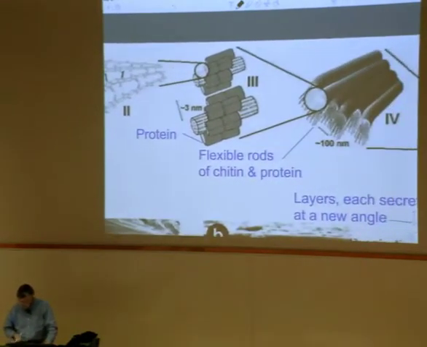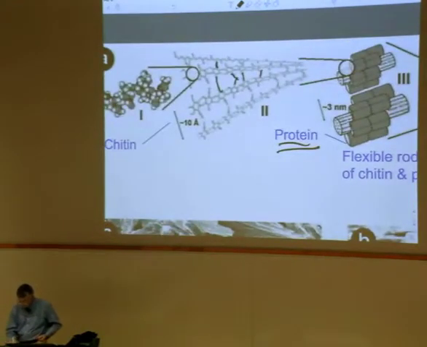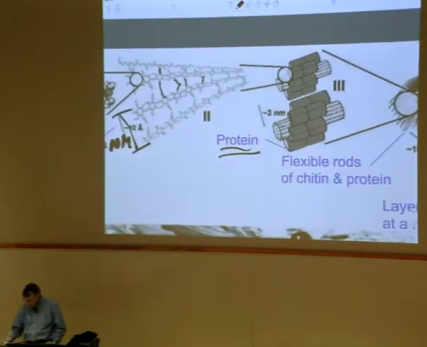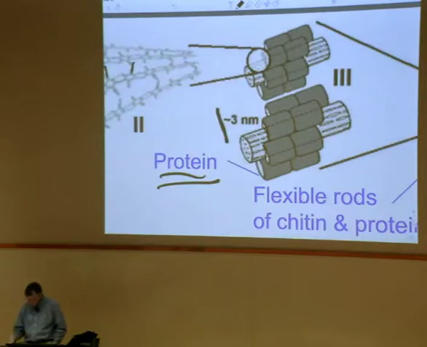The chitin is fairly stiff, and it's surrounded with protein. So there's a protein that surrounds some of these strands of chitin. For the chitin, we're going from somewhere around 10 angstroms, around a nanometer. Now we're at 3 nanometers here.